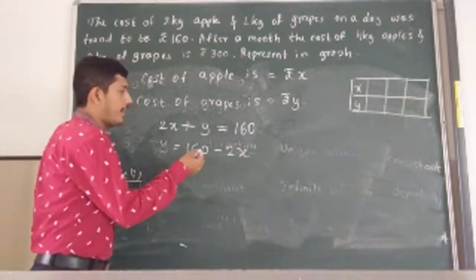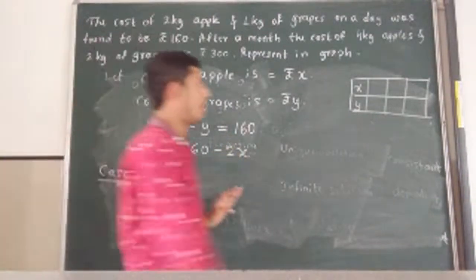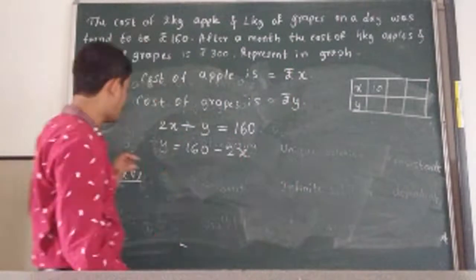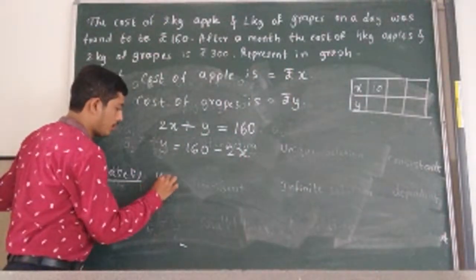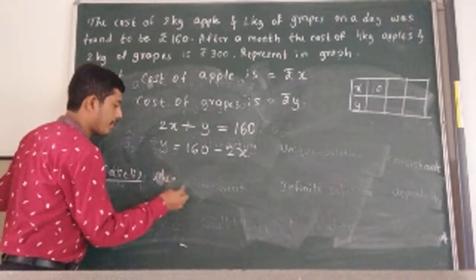When I consider x as 10, what does the equation become?